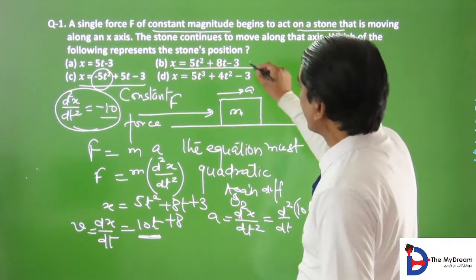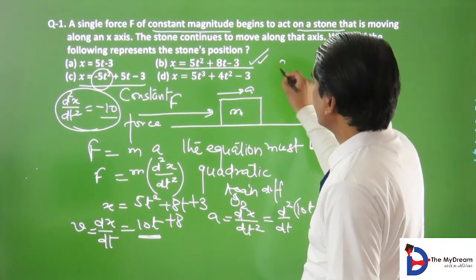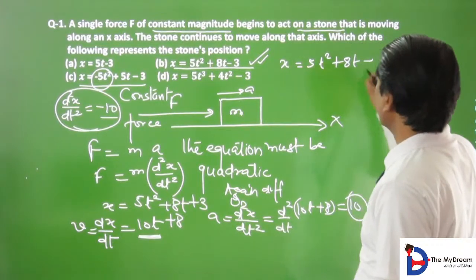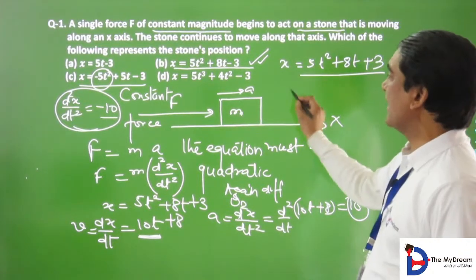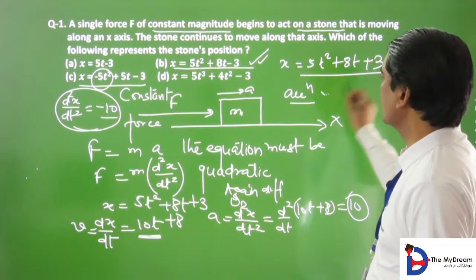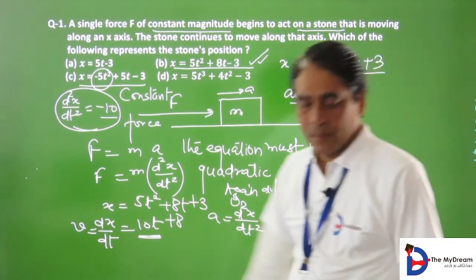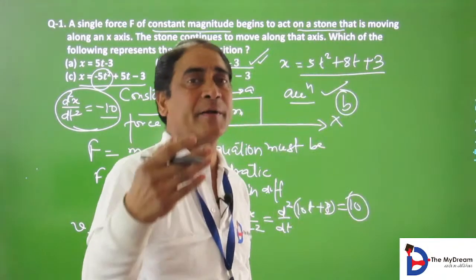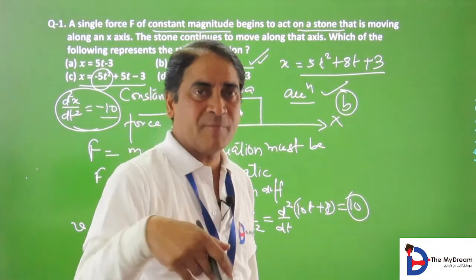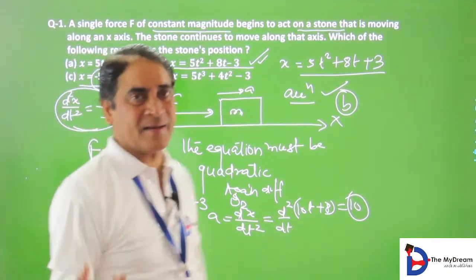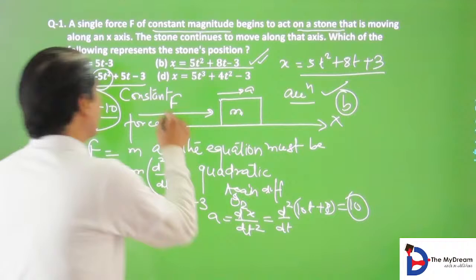So this is correct. x is equal to 5t square plus 8t plus 3 gives the acceleration, not the retardation. So option B is correct. Samjhe? The equation must be quadratic if the position is given to you. Here the position is on the x-axis. So you can go through it.